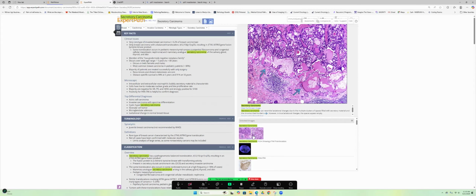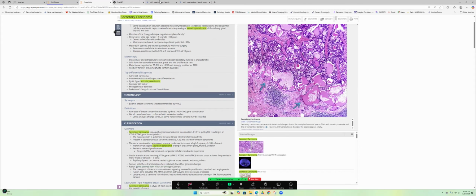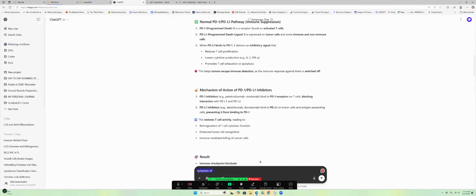It used to be called juvenile breast carcinoma before. But all right, let's even look at it. Breast cancers of young women. Common.